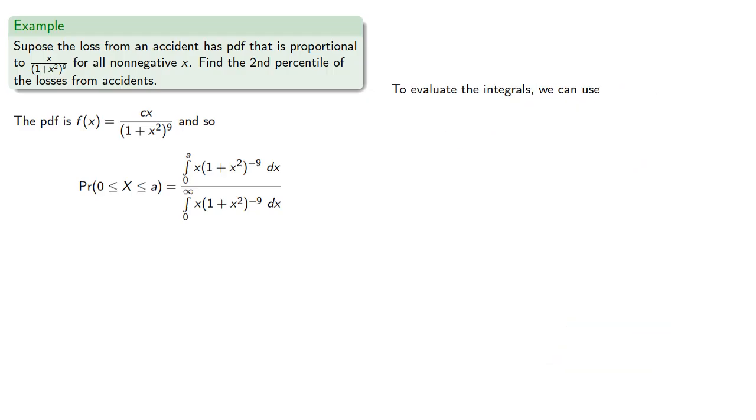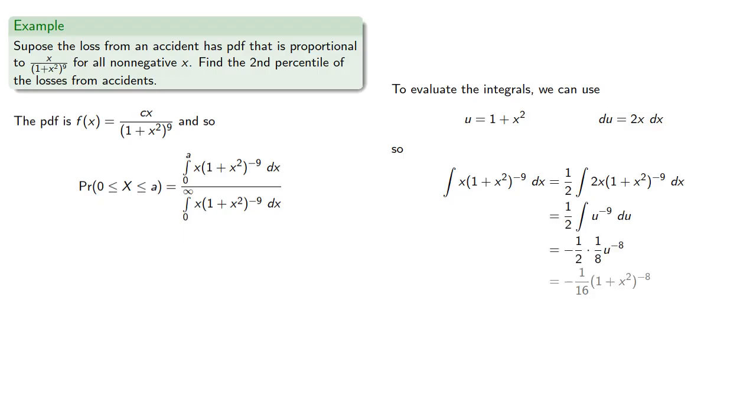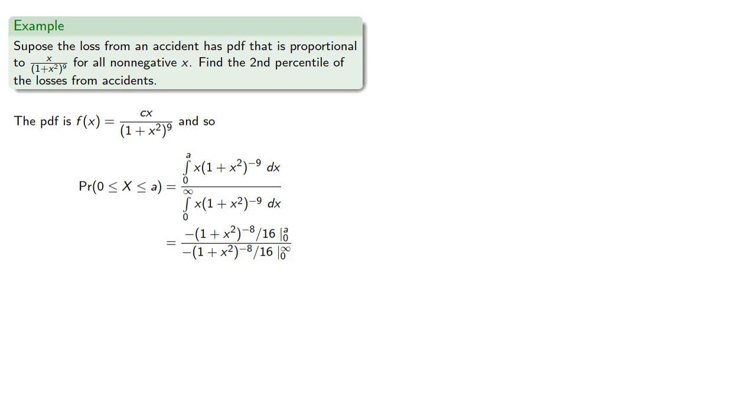To evaluate the integrals, we'll use substitution because we can let u equal 1 plus x squared, and then du is going to be most of the rest of the expression, and so that gives us, then substituting our limits of integration gives us, and this actually gives us a general formula for our probability that we're between 0 and some upper value.